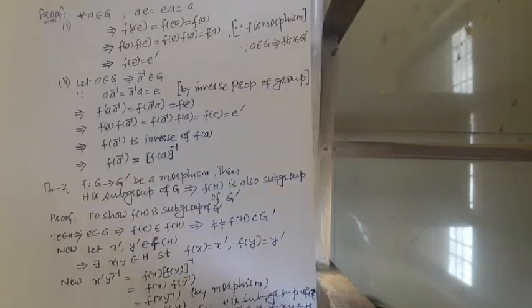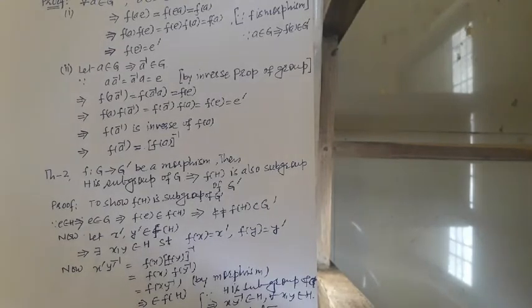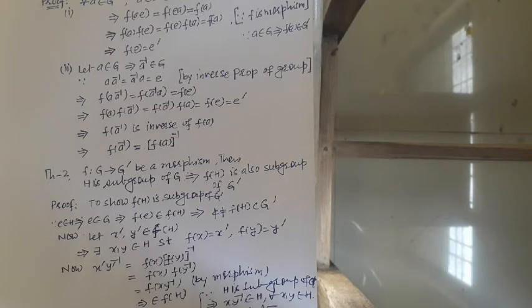Second, let a belong to G, then a inverse also belongs to G, because every element of a group is invertible. By the property of inverse, we can write a a inverse equals a inverse a equals e. Taking f images, then by morphism we can break it.